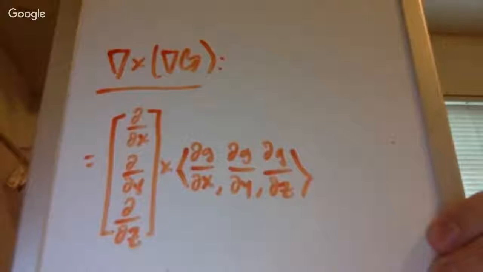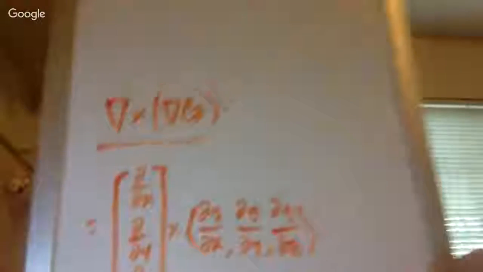So if it was a dot product, it'd be pretty simple because it would just be d over dx times dg dx. It would be the second derivative of g with respect to x. Right, and that's what I did. But that actually doesn't happen at all. Everything else but that happens.